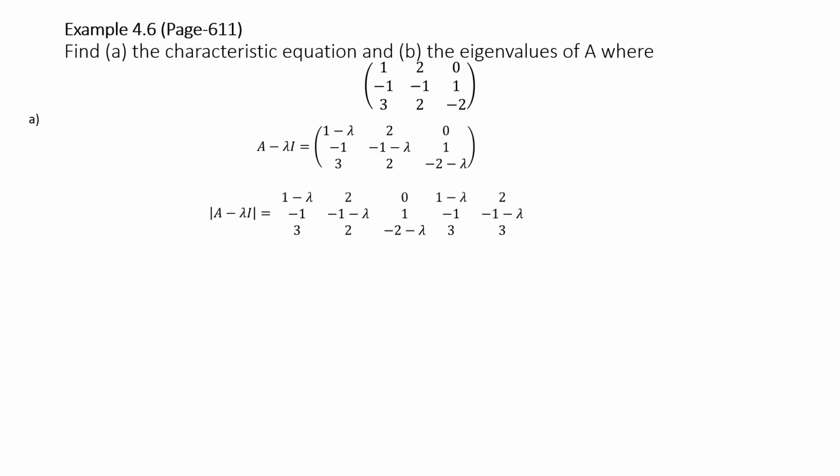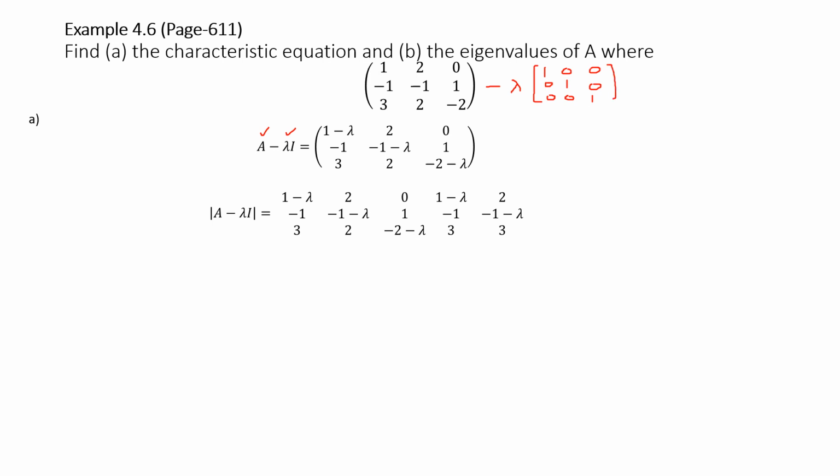So A minus lambda I: A is this one, and since this is a 3 by 3 matrix, lambda times the identity matrix: 1 0 0, 0 1 0, 0 0 1.